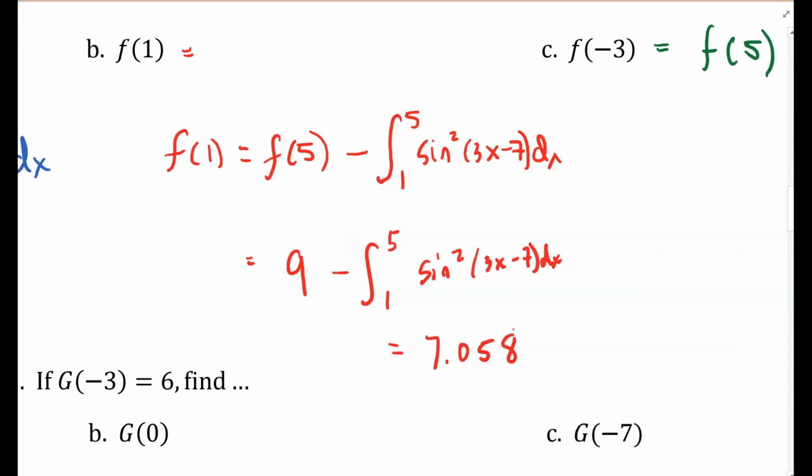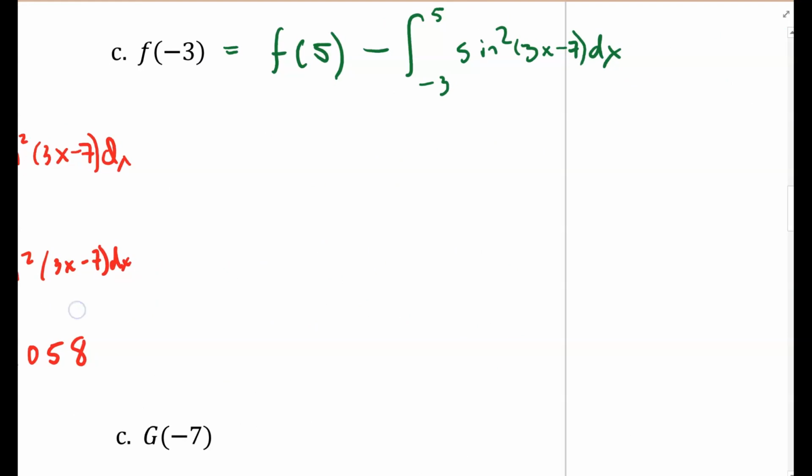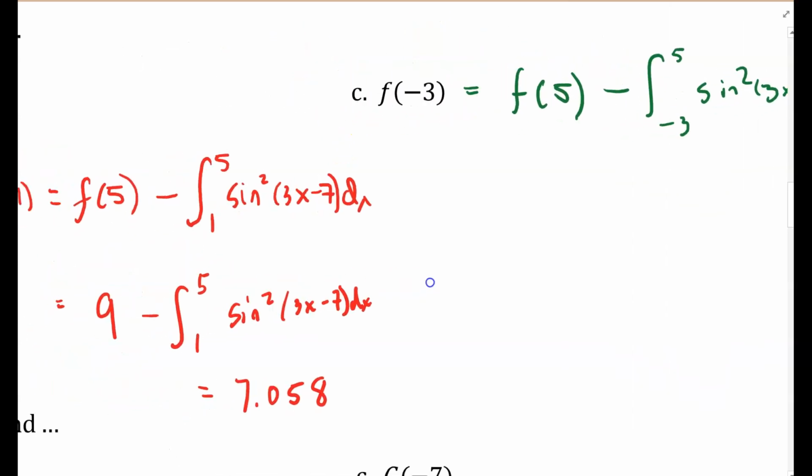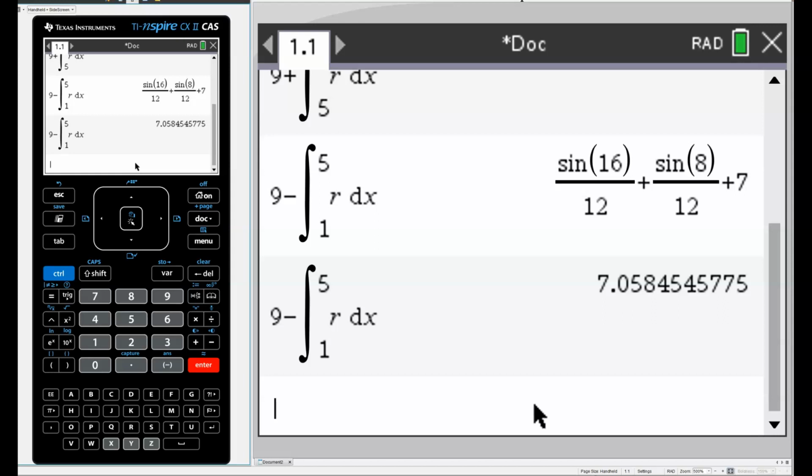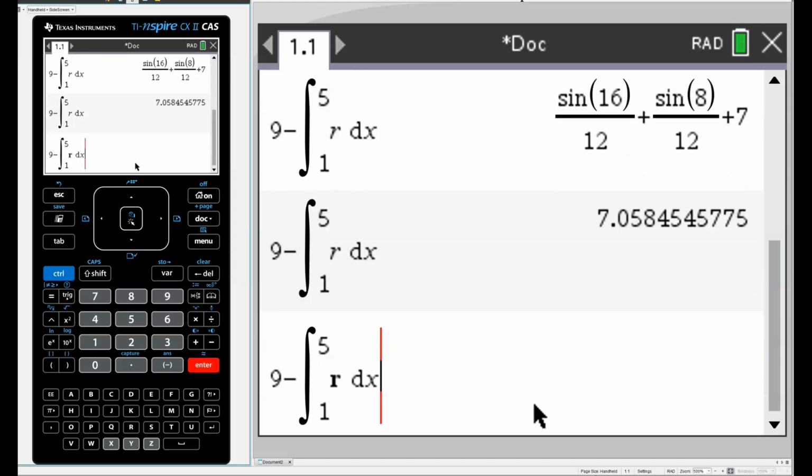Okay, C. Notice that C is extremely similar, except now I want f of -3. So I'm going to subtract the area from -3 to 5. Okay, and that structure is extremely similar. So I'm going to go ahead and copy this, and then I'm just going to change that 1 to a -3.